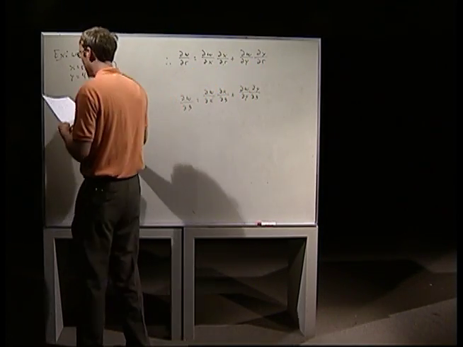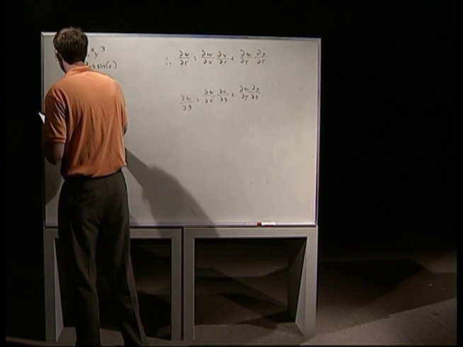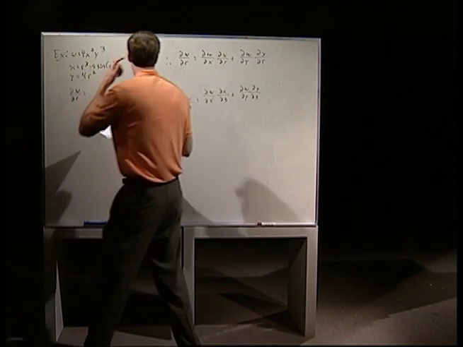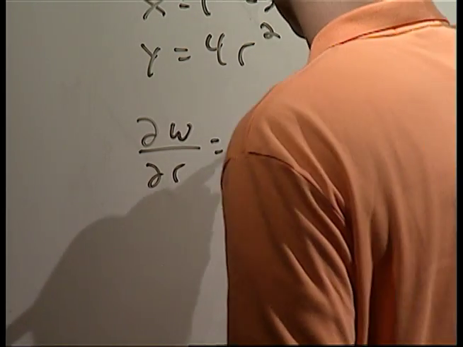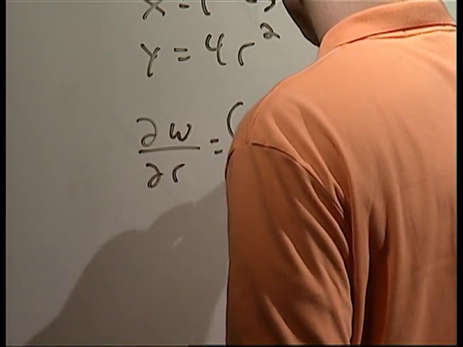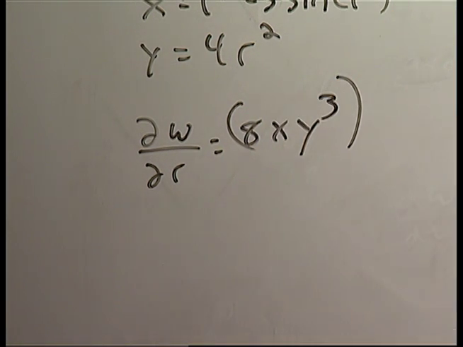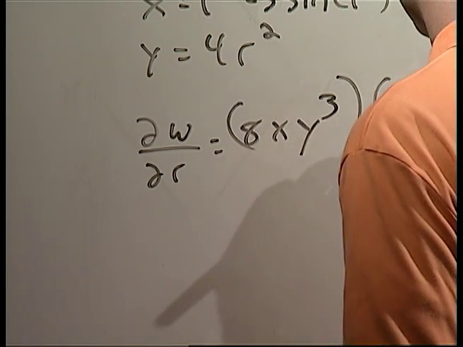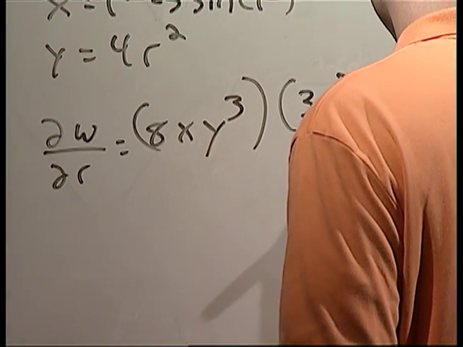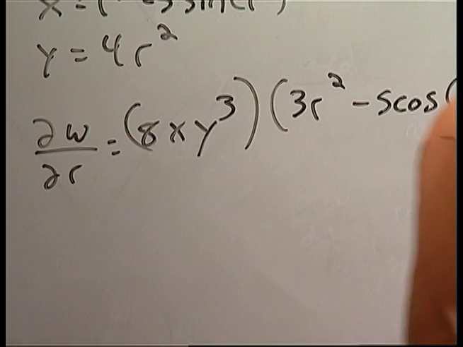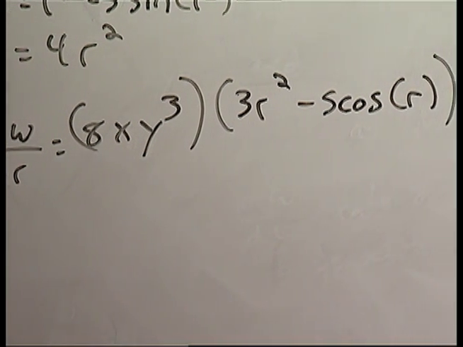Okay. Let's see here. So partial W partial R is simply following this rule, right? So partial W partial X is 8xy cubed. Partial X partial R is 3r squared minus s cosine r. All right.